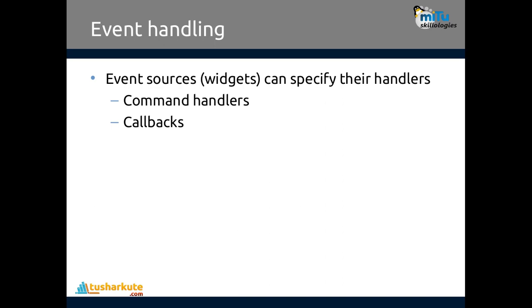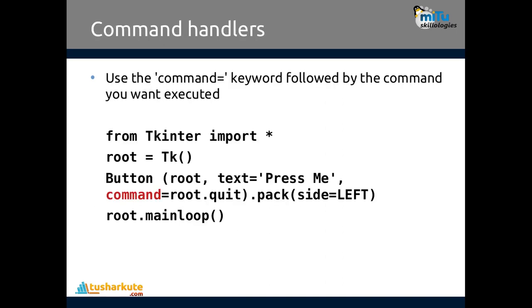So what exactly does command handler mean? Let's see. A command handler can use the command keyword argument on the respective objects that we have already seen. From Tkinter import star, we write root, and Button, here Press me, and here I am writing command equal to root.quit. Now quit is a function of this root, or this particular class.